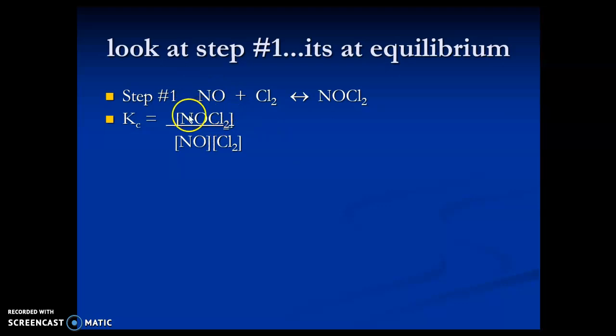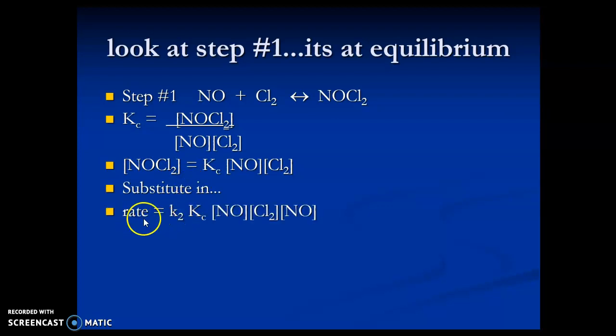And now I want to get rid of NOCl2, so I'm going to rearrange this whole equation so that I'm solving for NOCl2. So I'm going to move NO and Cl2 over to this side. So this is what I get. Now, since I have this expression, I can substitute in Kc, NO, and Cl2 into my rate expression and get rid of NOCl2.